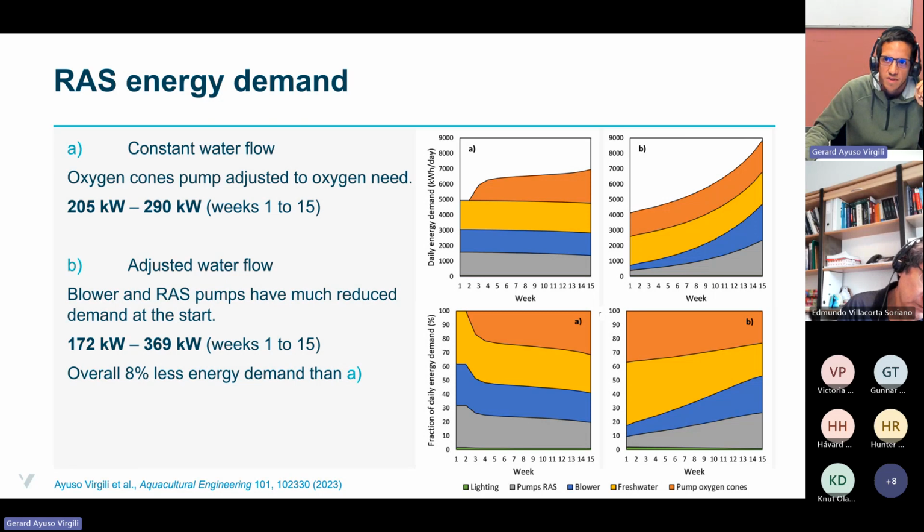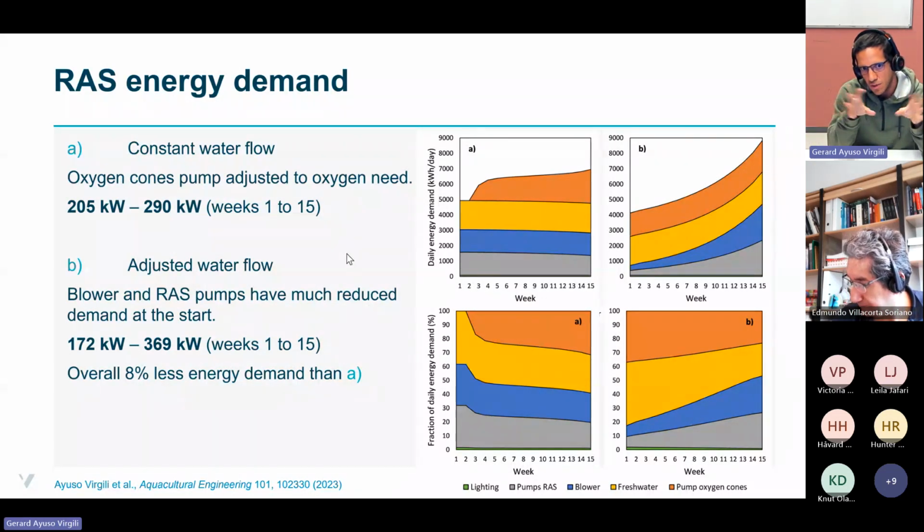And even though we see that the peak in the end is higher, the difference is because one parameter went off the limit in the constant case. So if both cases didn't have any parameter over the threshold, the demand in the constant case would be even higher than it is now, which means the adjusted case would save even more energy.